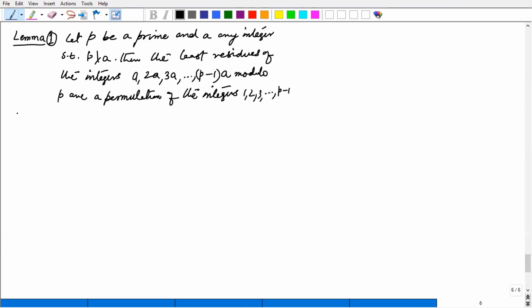We will use this lemma to prove Fermat's little theorem, which is our main theorem.